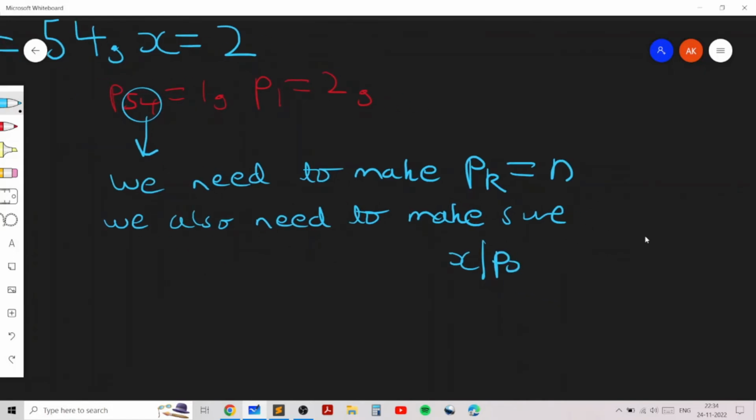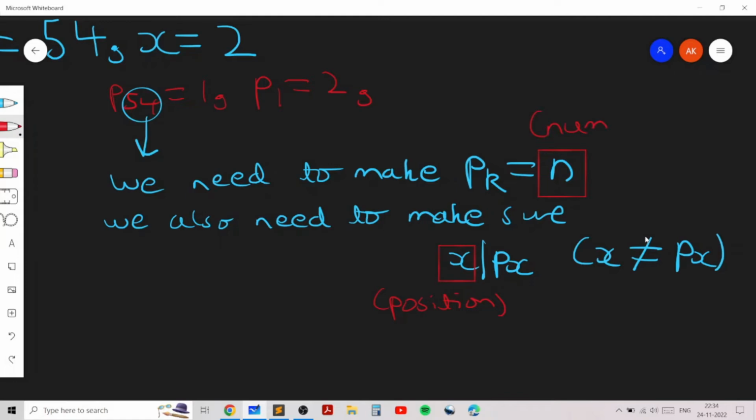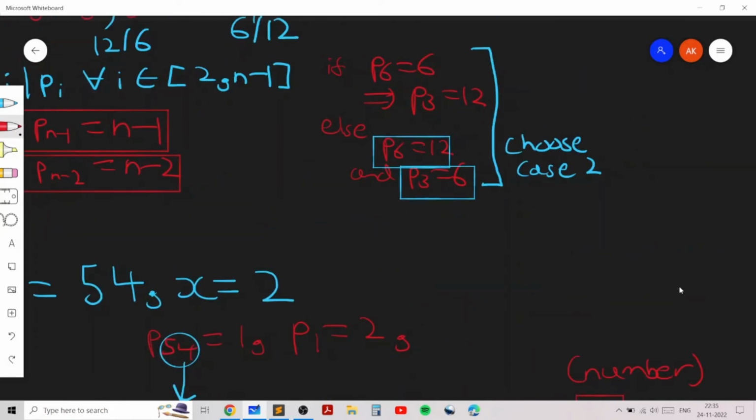So if you consider both of these conditions, you will realize that one simple construction is to just put n at the position of x, because we need to put the number n and we need to fill the position x. So the number n is free and the position x is free, so we can directly put the number n in this position, and that is what happens. That is case one in the previous example.